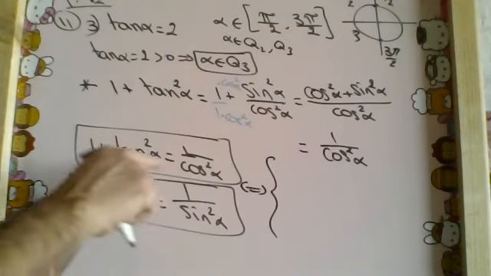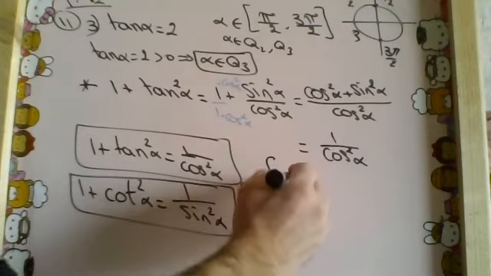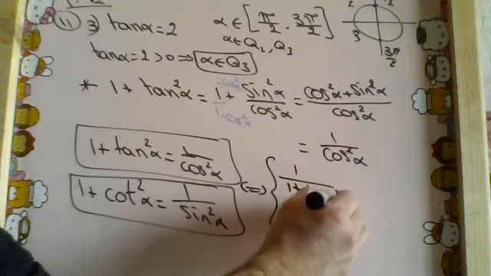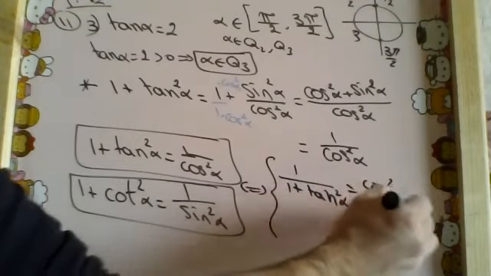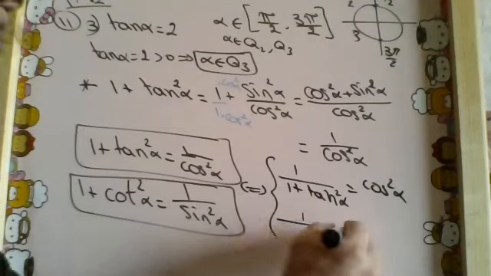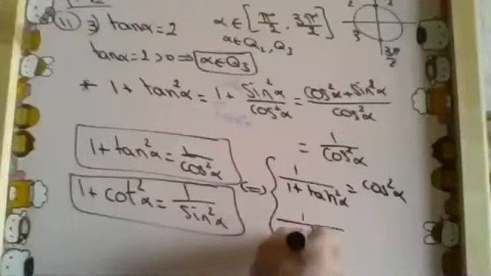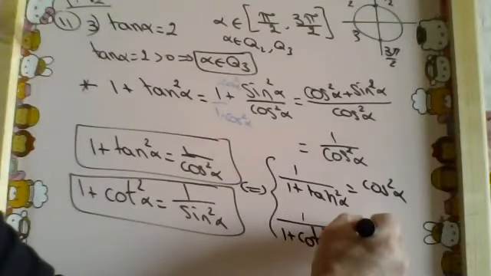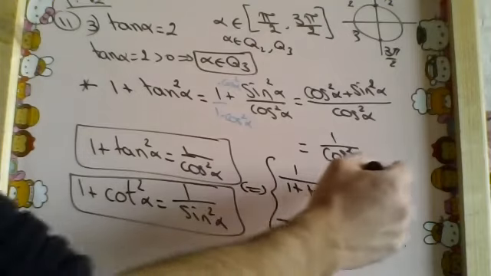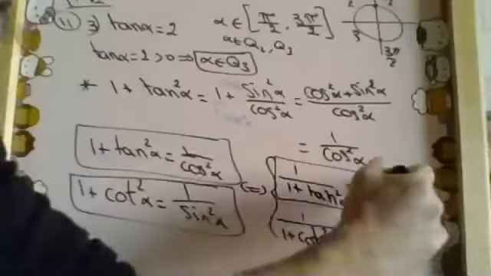Reciprocal, so 1 over 1 plus tangent squared alpha is equal to cosine squared alpha. And here 1 over 1 plus cotangent squared alpha is equal to sine squared alpha. Rules.